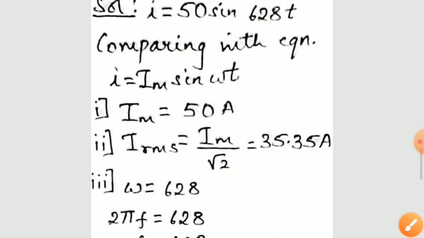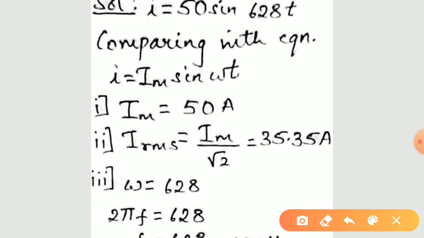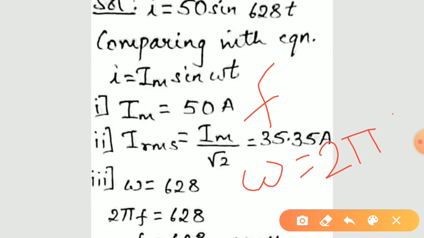The third question is to find out the frequency of current. We all know the relation between angular frequency and frequency, that is omega is equal to 2 pi f. Omega value is known in the given question.